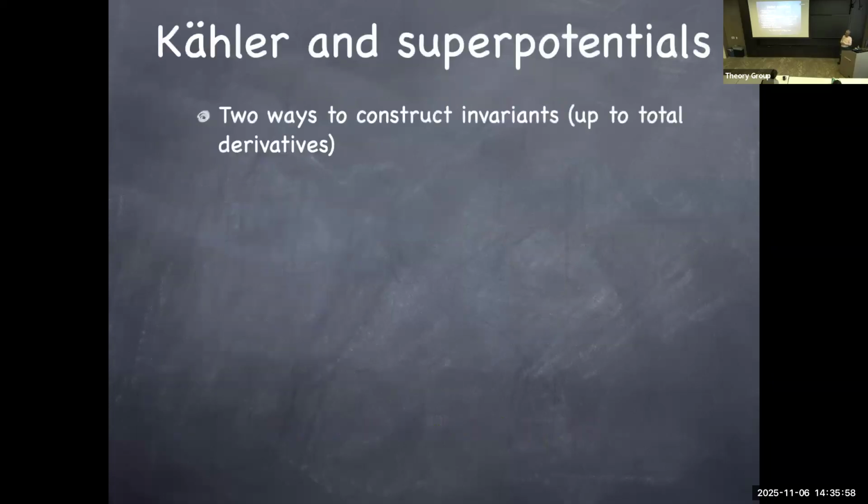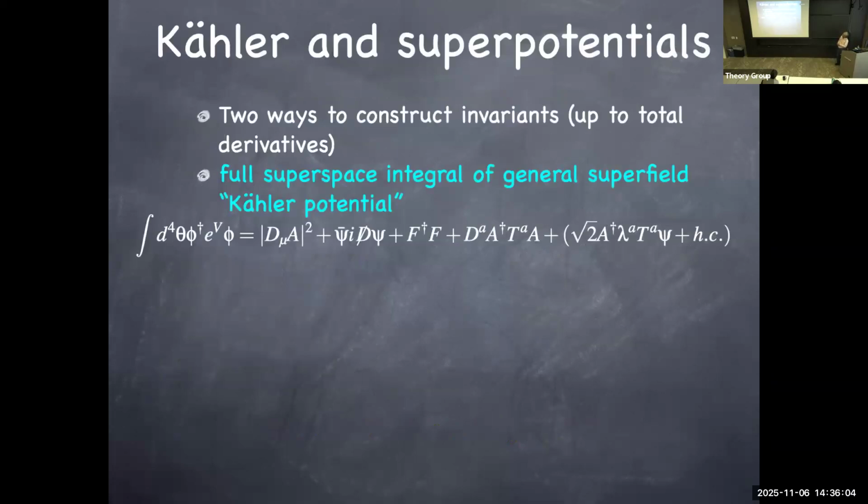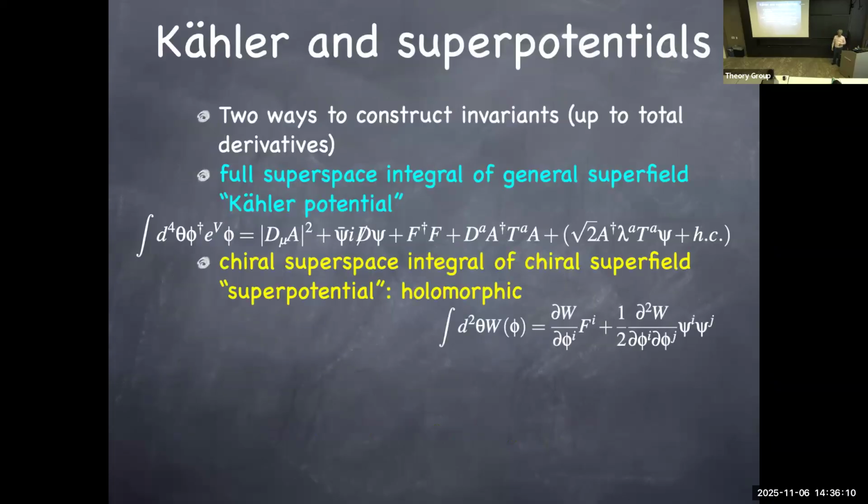And two more slides on technical stuff. When you write down the Lagrangian, it consists of two pieces. One of them is called the kinetic piece, which basically gives you all the kinetic terms. And another piece called the superpotential, which gives you interactions, roughly speaking. And once you have this superpotential W, which is a function of the chiral superfield, expanded up to order theta and order theta squared, you can integrate over theta to get the Lagrangian, which looks like this.